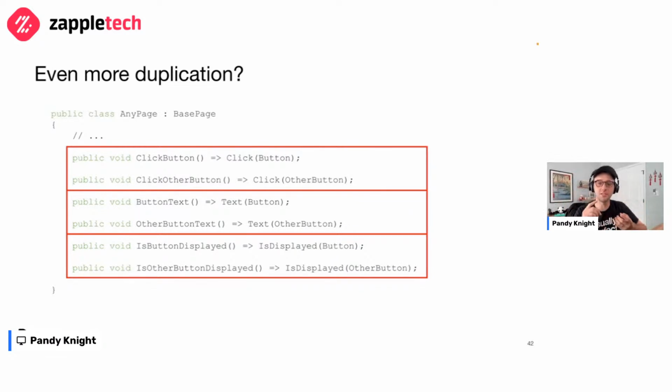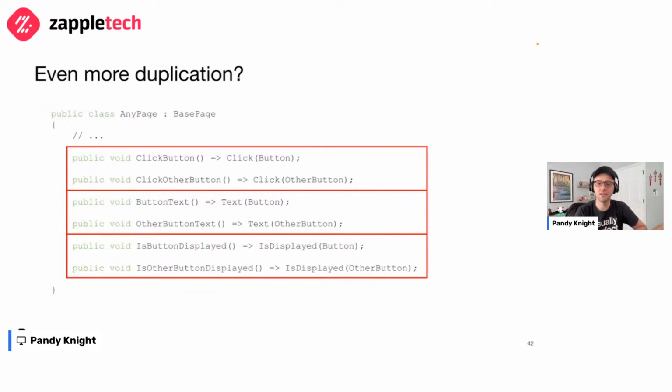Every element could potentially need a click, to scrape text, to check if it's displayed, or any other type of WebDriver interaction. That's a lot of extra code that shouldn't be necessary. Base page also becomes very top-heavy as testers add more and more code to share.